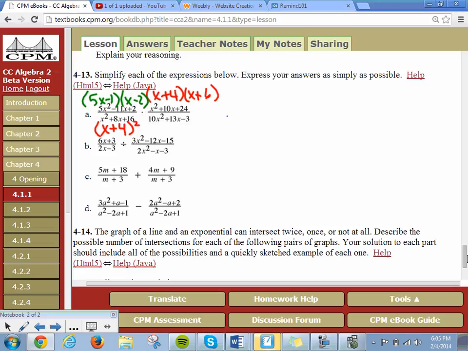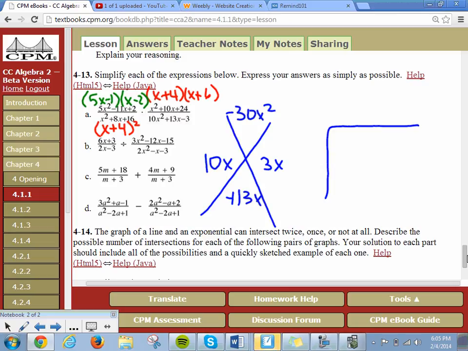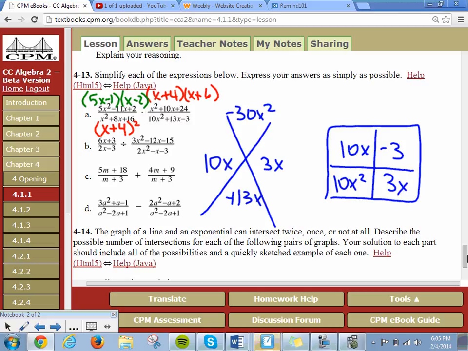Next, let's do that last one on the bottom. My x. So I'm going to have negative 30x squared and positive 13x. So it looks like we're doing 10x and 3x. Putting that into my box, we have 10x squared and negative 3.